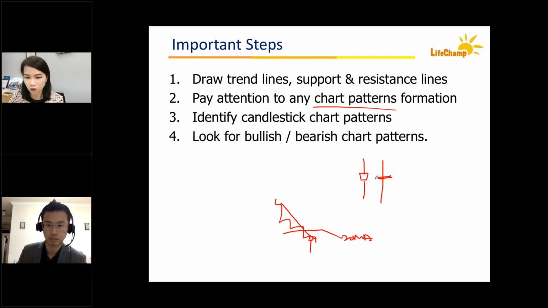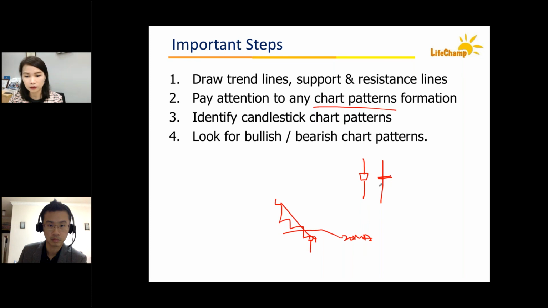That means the opening price is the same as the closing price. With the spinning top, at least you have open low and close high, or open high and close low. At least you have a price difference between the open price and the closing price. But this one, no, it's the same price. However, the psychology behind them is very similar, because both of these have a long tail.